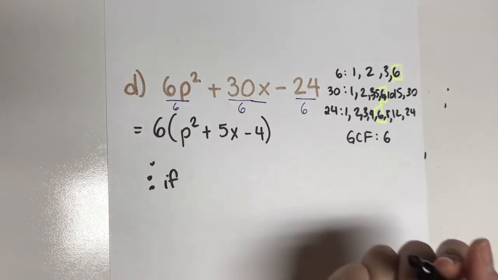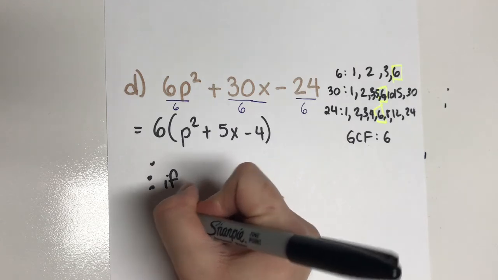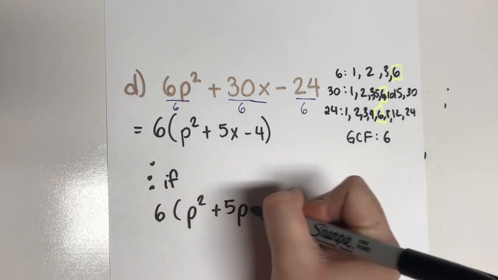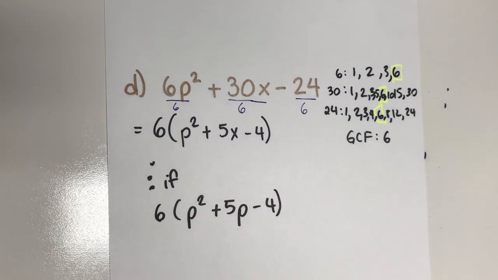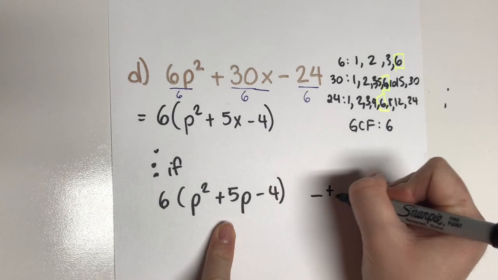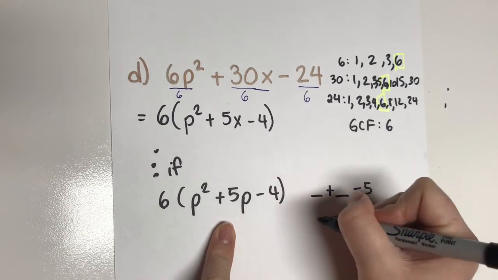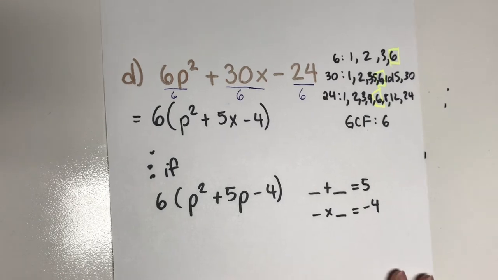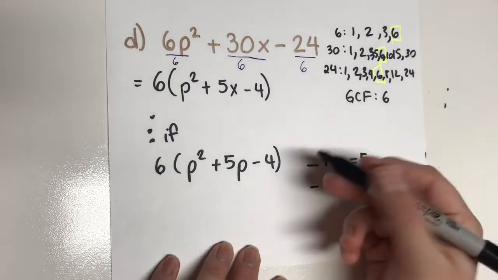If it had been the same, so let's say I factored it and it was 6p squared plus 5p minus 4, then I would need to find two numbers that add up to make 5 that I can multiply to make -4. So I would look for the factors of -4.